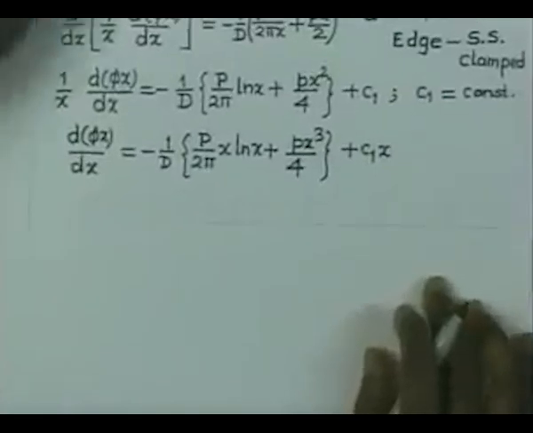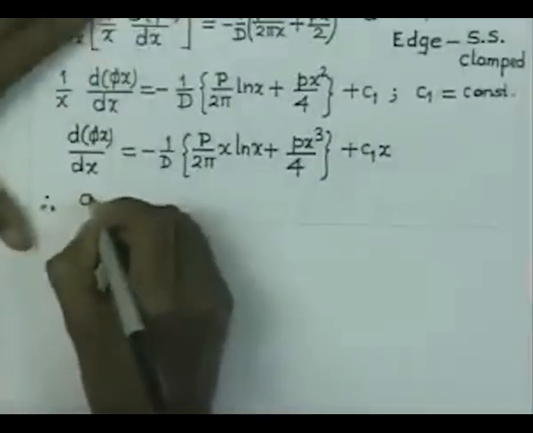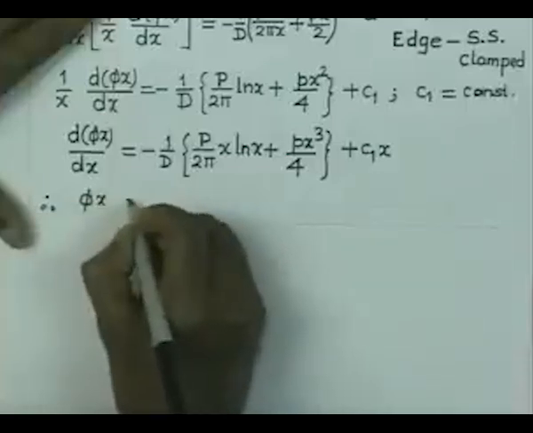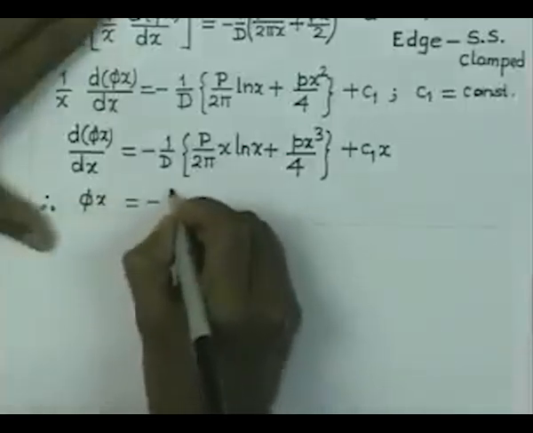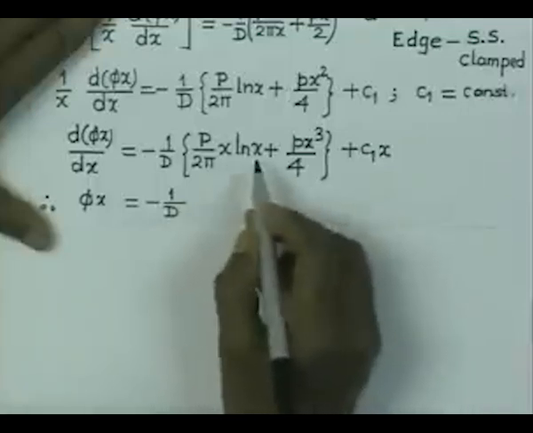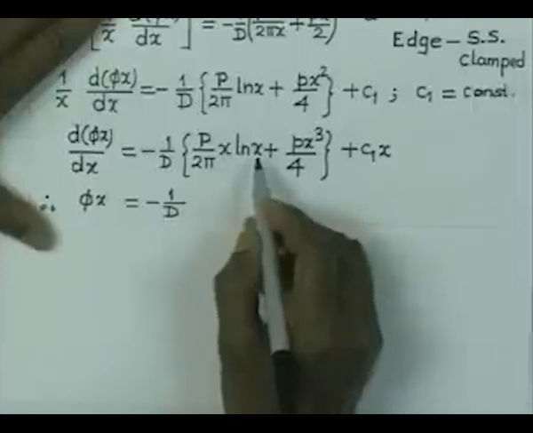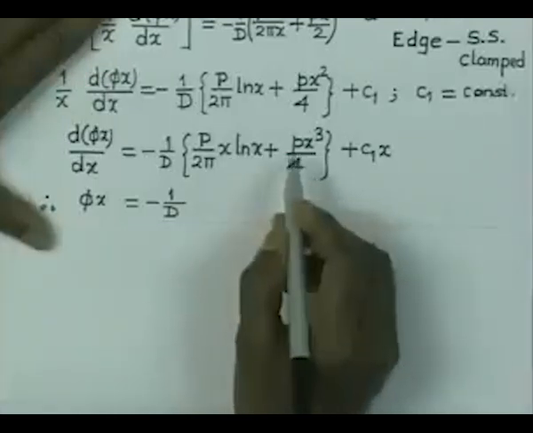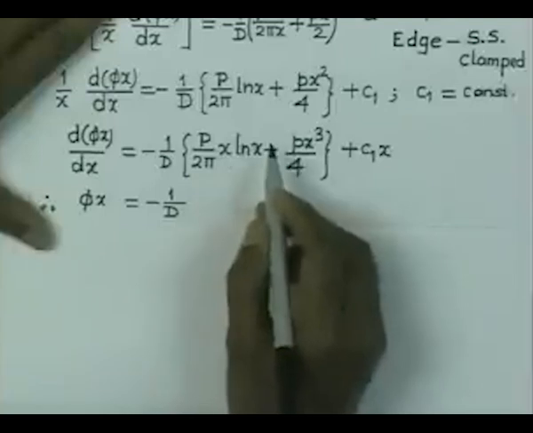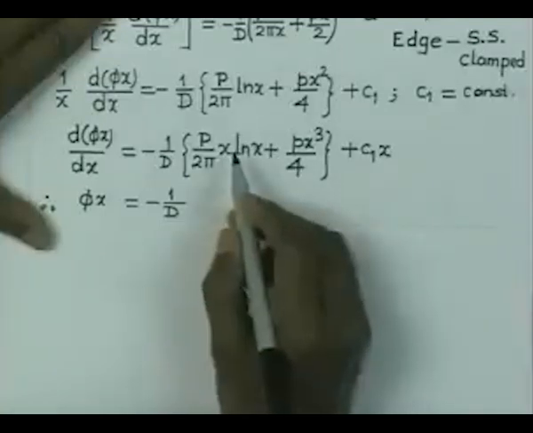If we integrate once more, this gives us phi x is equal to minus, this is the case of product of two functions. So, you can integrate this first, that will give us x square by 2 ln x, then minus x square by 2, differentiation of this will give us 1 by x. So, finally, we will have x by 2 and integration of that will give us x square by 4.